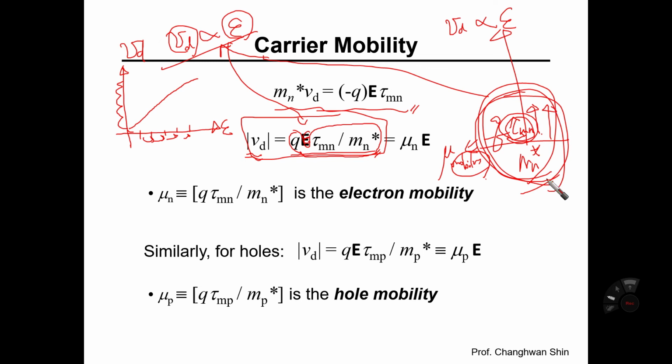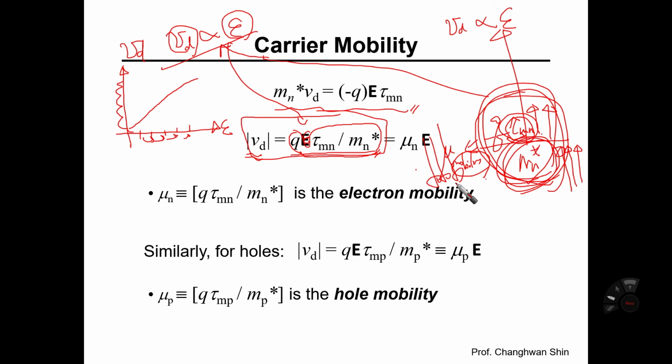Now let's take a look at the effective mass here. If this effective mass becomes heavier and heavier, the mobility becomes lower and lower. You may intuitively understand this. With a heavy guy, it's hard to move around. With a lighter weight, you may move better at a faster speed.